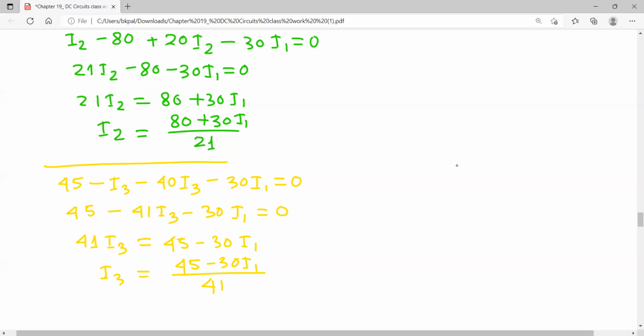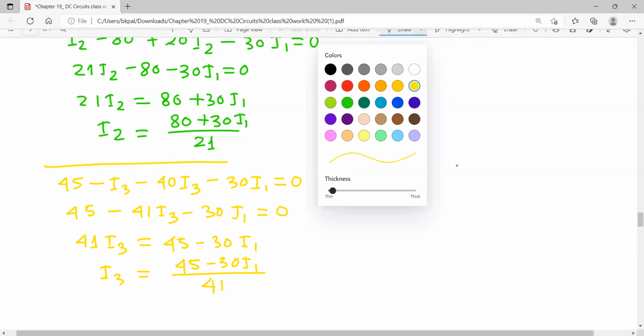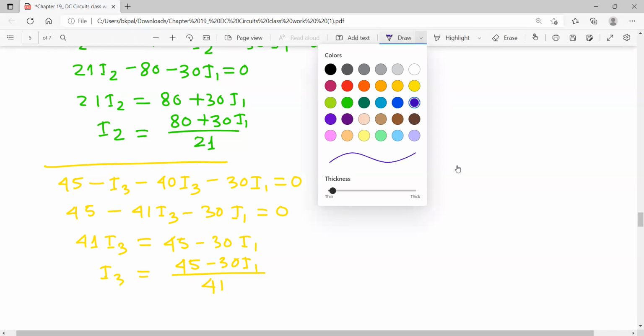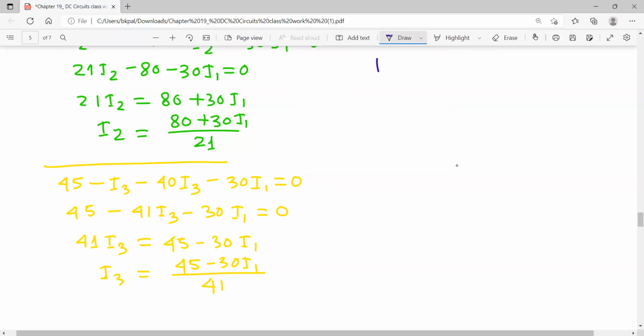The junction equation was something like this: I3 equals I1 plus I2.